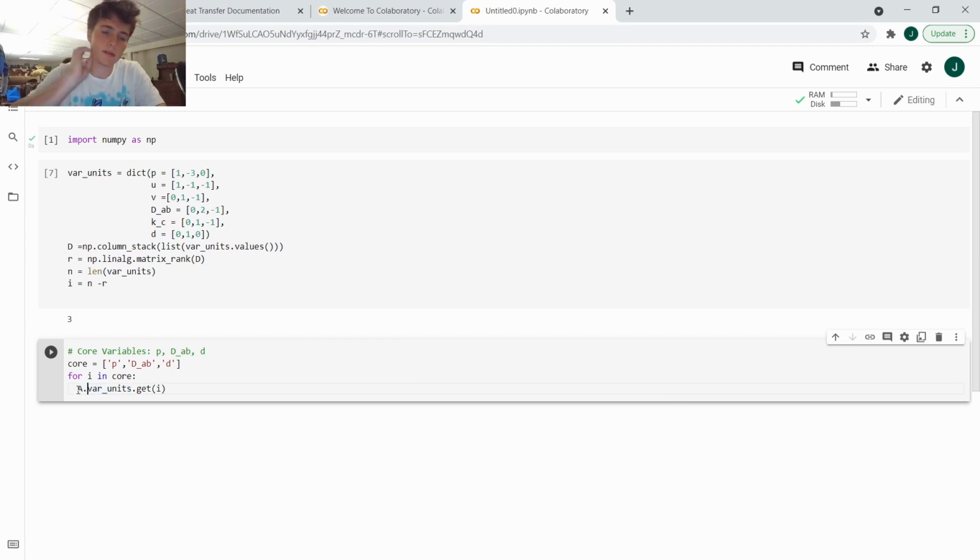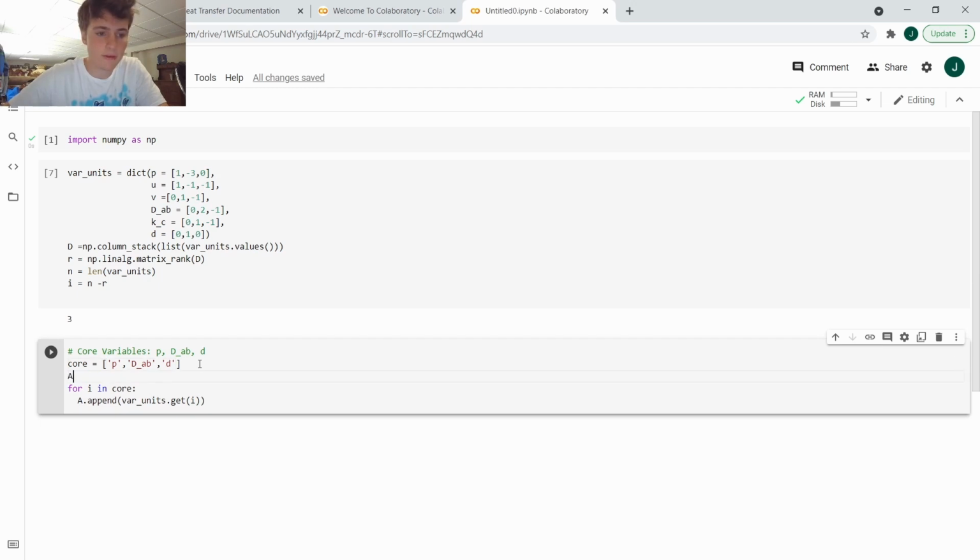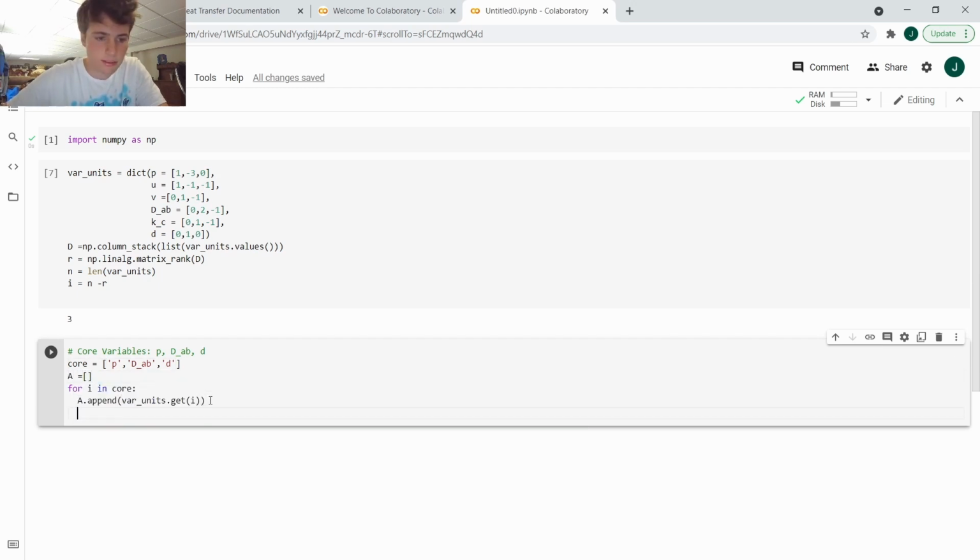I'm going to store these values in a list, so a.append, like that. I'm going to define what a is first. Let's see if this works if we just display a.